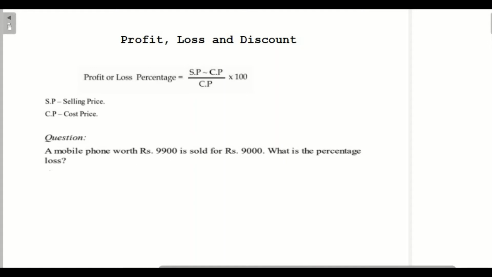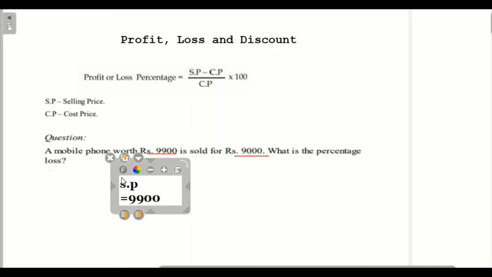So we know that the loss is 900 rupees, but we have to calculate it in the percentage value. So the selling price of the mobile is 9,000. We have sold it for only 9,000.